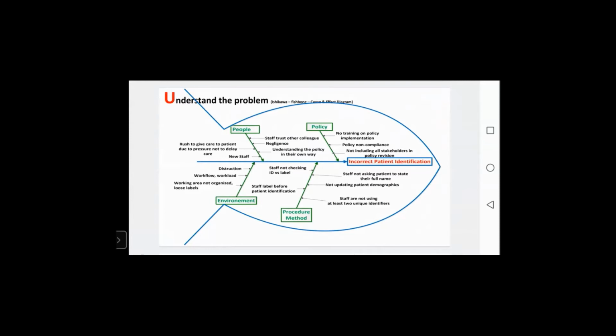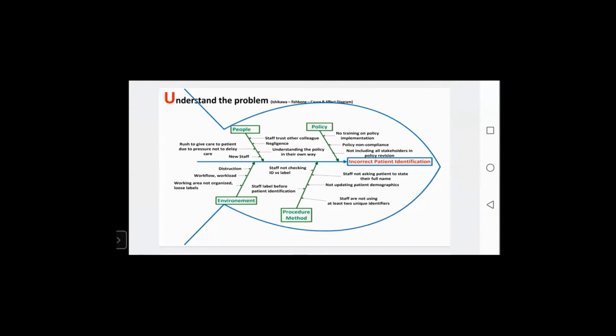Causes related to policy: no training when we implemented the policy, or not including all the stakeholders, because when you put the policy, you need to have a general idea and include all the stakeholders so you cover all the aspects. And this is how you overcome the barriers and the staff will be comfortable implementing the policy.